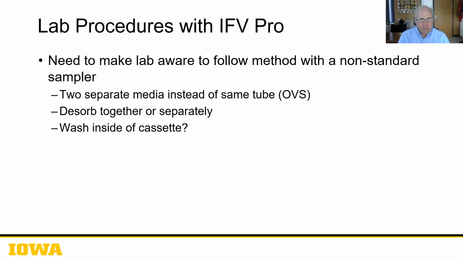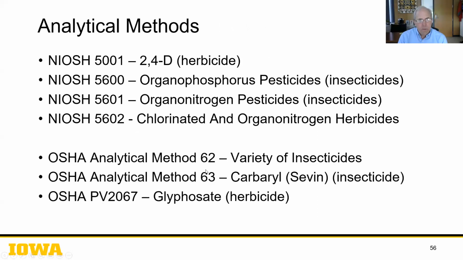So that was one nice thing if you want to know what's on the filter versus what's in the sorbent tube, but you're going to pay double for that. And then there's this issue of, you're going to wash out the inside of the cassette. And we did not do that. We just asked them to analyze the filter and pull it out. There's a variety of different analytical methods, as you can see here from NIOSH and OSHA.